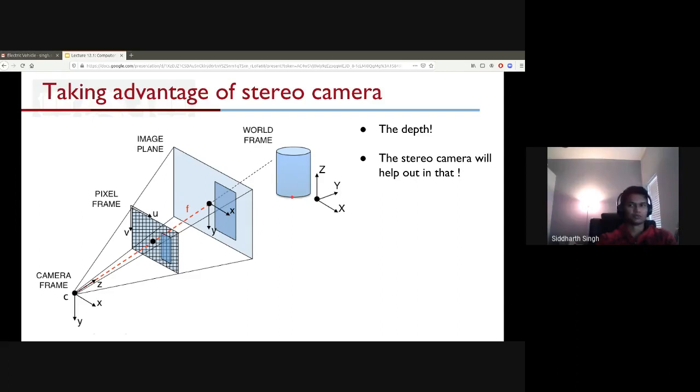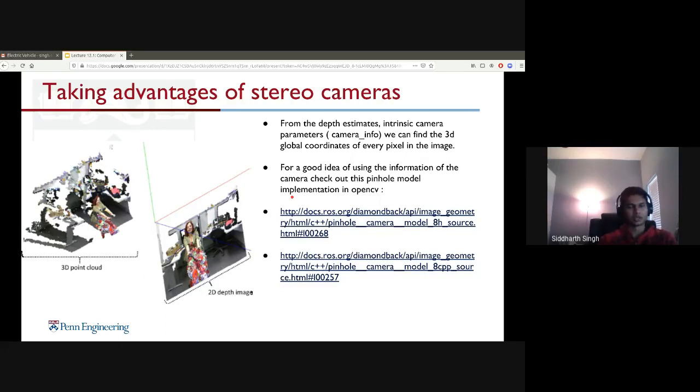The depth, which we have already talked about, and the stereo camera has helped us with. So essentially that's where we have the advantage of the stereo cameras. If we have the depth estimates and we have the intrinsic camera parameters, we can find 3D global coordinates of every pixel in the image, right?